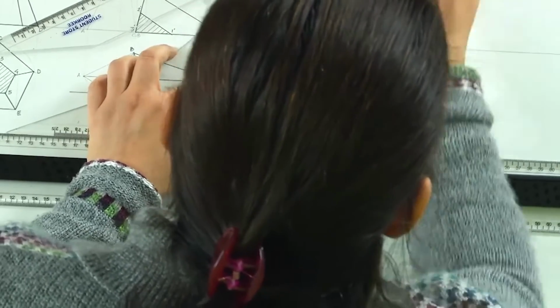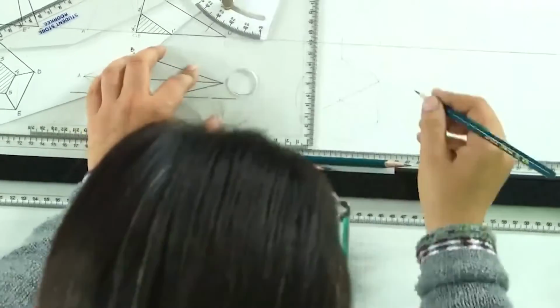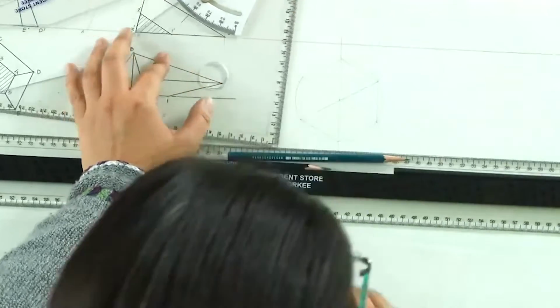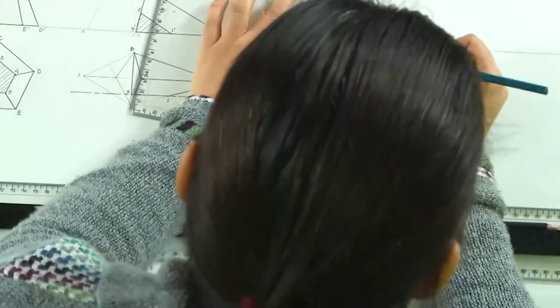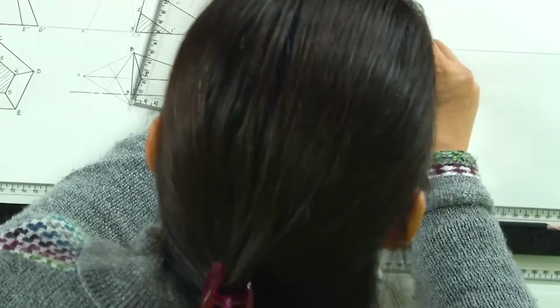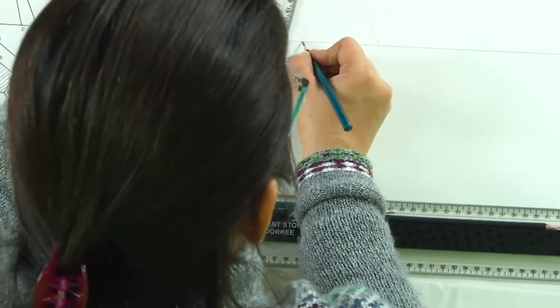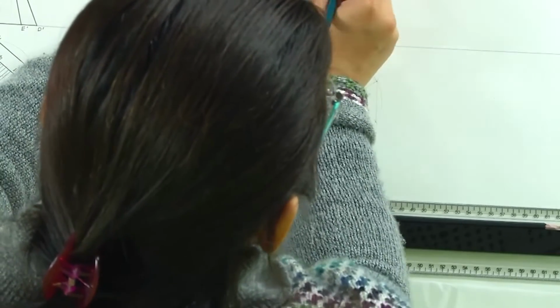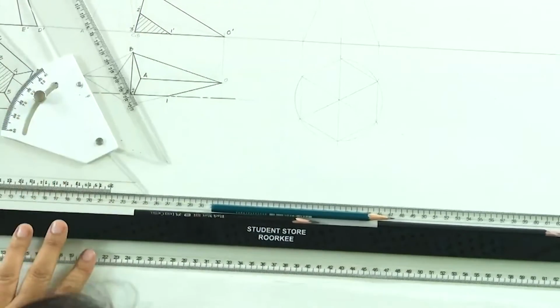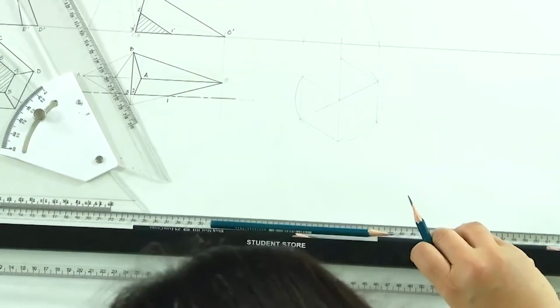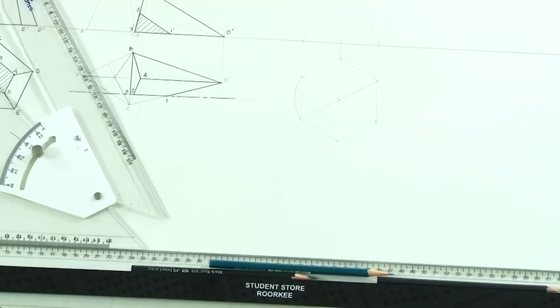Assuming this to be a 10 centimeter tall pyramid, this is where we are connecting these. Okay. So, this is how your hexagonal pyramid is going to look.